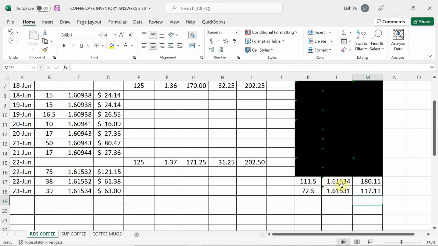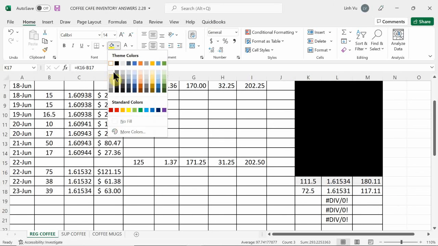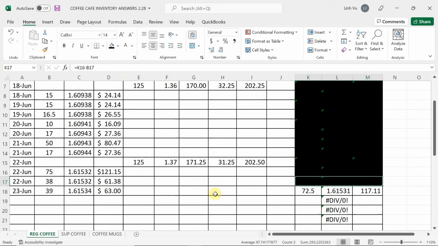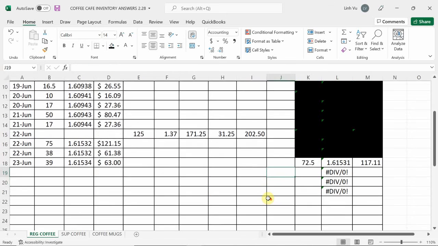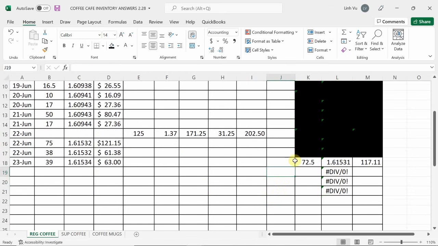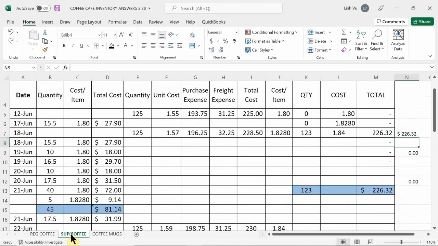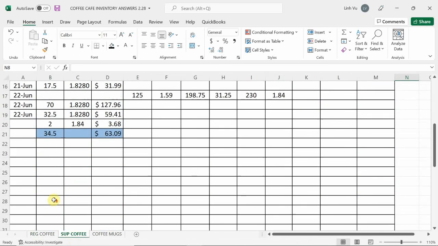So in this case, it has dropped your cost per item by 3/1000th of a penny. It lowered it, not increased it. Okay, so I can hide this because we no longer need this. So we used $63 worth of regular coffee.